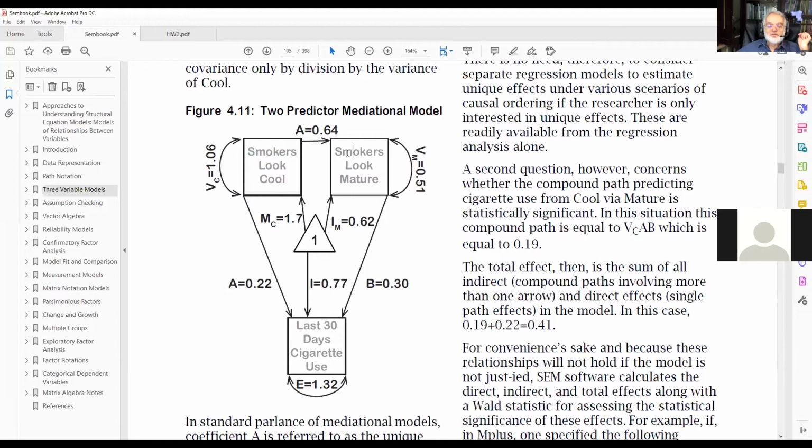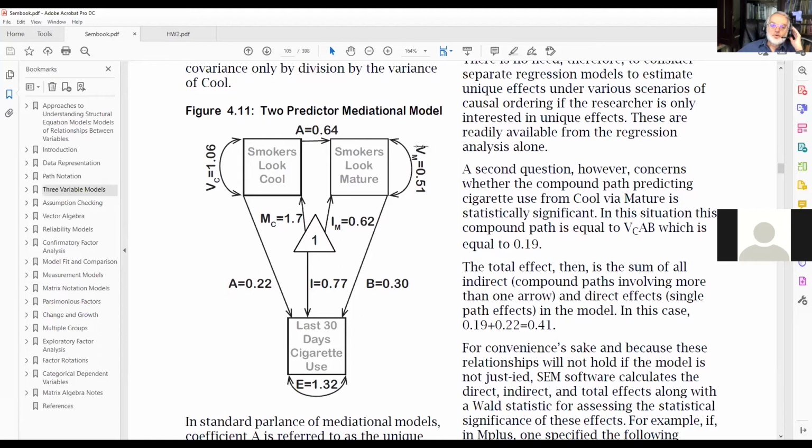Let's turn our attention to the mean of smokers look mature. Well, in that case, there's two ways to get from one to the other. I can take this path, 1.62, and I can take this path, 1.7 times 0.64. There's nothing downstairs again, because if I go forward on this arrow, all of these are backward pointing arrows.